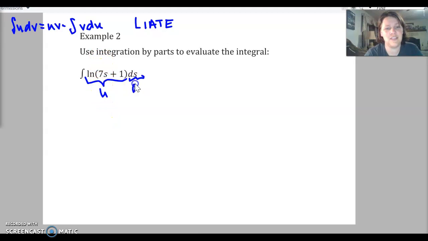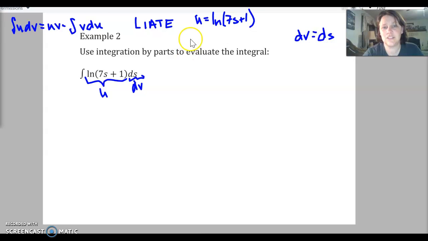And then dv is going to be everything that's left over. So I'm going to write this up here because this one's really long. I actually already tried to do this once and I ran out of space really bad, so I just started over. So we've got u equals the natural log of 7s plus 1, and then dv is equal to ds.